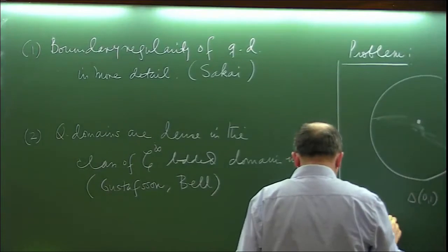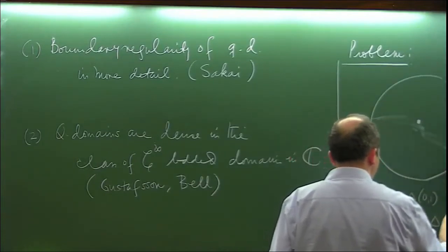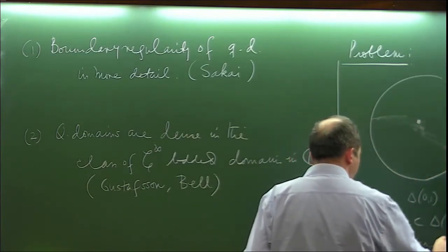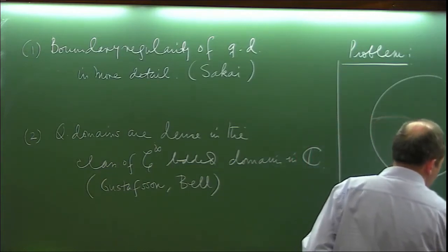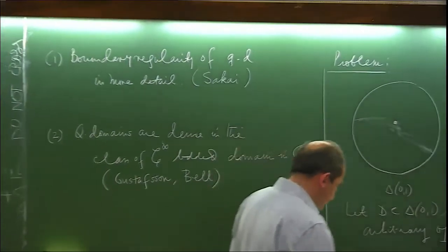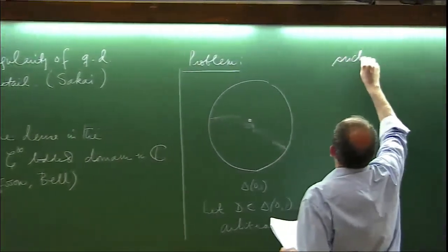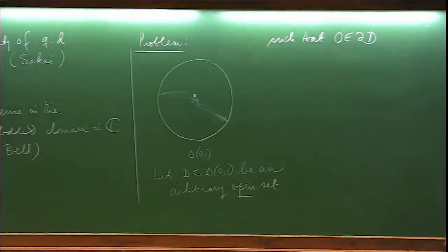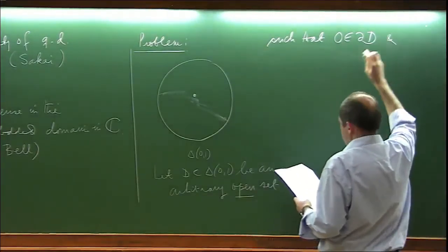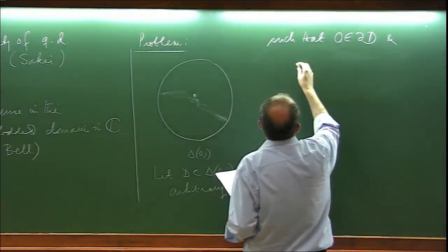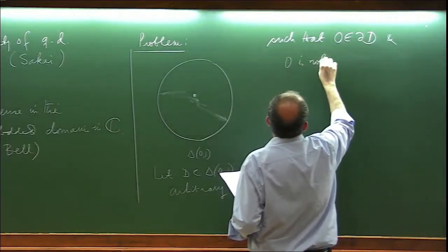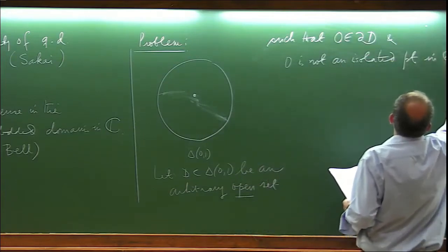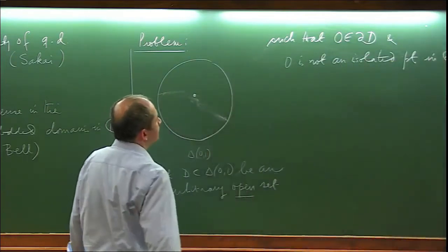So let D be an arbitrary open set, you don't want this to be connected, an arbitrary open set such that the boundary of this domain contains the origin and the origin is not an isolated point in the boundary. Okay, so there's a whole bunch of points. The boundary is big.